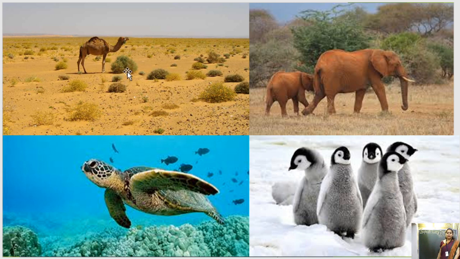So they live in different habitats. Camel lives in a desert area. We have the forest or a terrestrial area. We have aquatic area. We have a polar area. So in every type of climate, whether very hot or very cold, whether it is land or water, everywhere the living organisms are present.